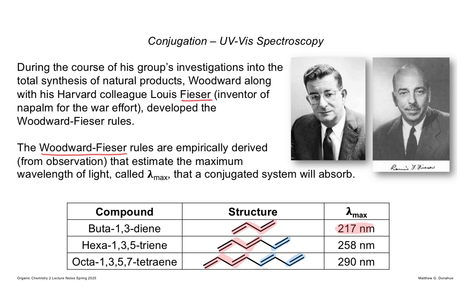That gives a base value of 217 nanometers. And then when you start adding double bonds onto that, you get sort of a consistent value for each double bond you add. And so that's the empirical part. So you add one more, you get 258. You add another, you get 290. And then you can start decorating that chain with other things and how will they affect what sort of standard value should be added to 217.